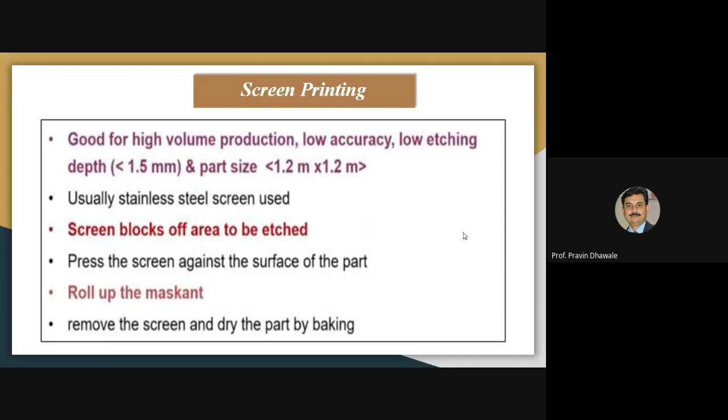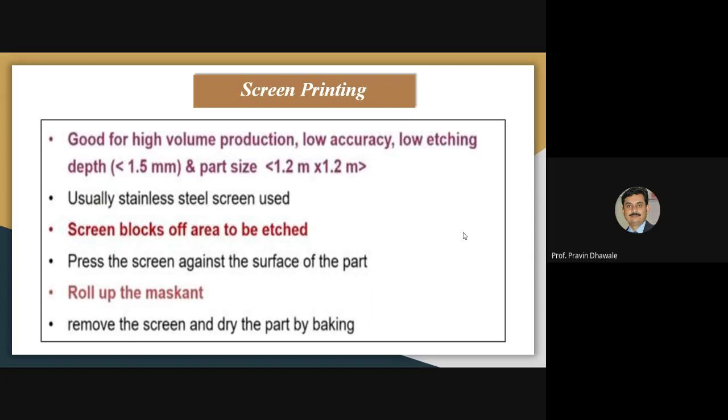Generally, the screen printing type of maskant method is used in machining of stainless steel. Also, press the screen against the surface of the part and roll up the maskant. It will be mainly used for stainless steel screening purpose.